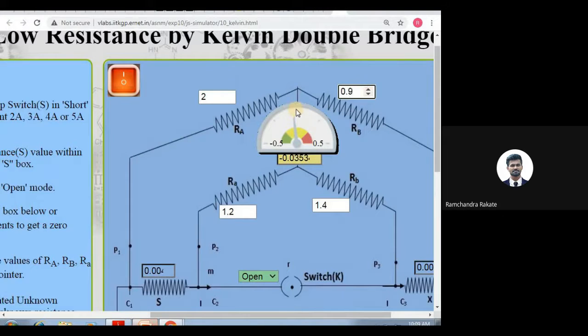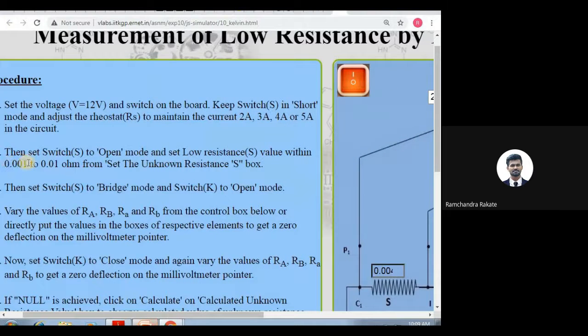See, the pointer is going. This is your null deflection, at the center. This is what we have achieved. Now it is in null deflection. Again, we are going to change. Now it is not in null deflection. We are looking for three digit 0.001.